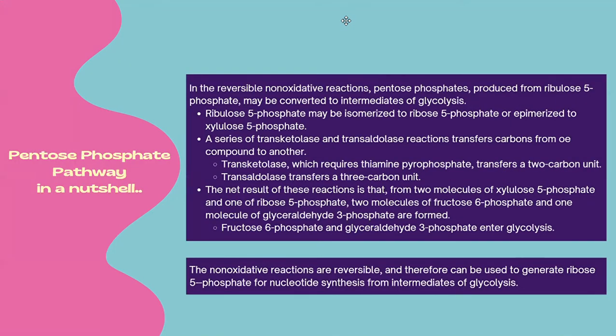In the non-oxidative reactions, ribulose 5-phosphate may be converted to intermediates of glycolysis. Ribulose 5-phosphate may be isomerized to form ribose 5-phosphate or epimerized to xylulose 5-phosphate.